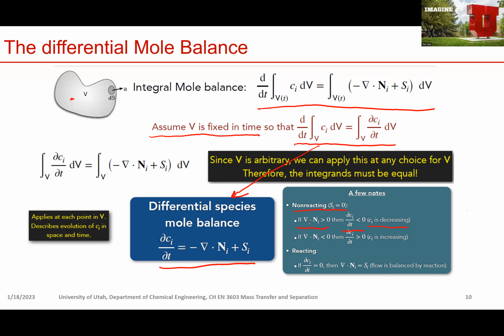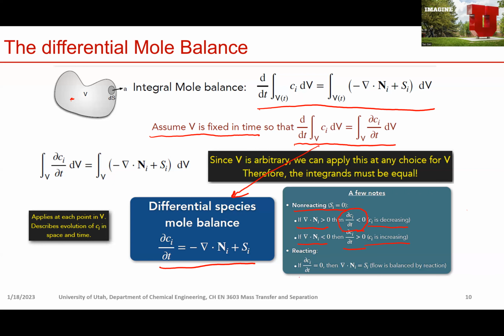So if the net outward flow is positive, species i are leaving that point, and you will have less concentration at that point. That's why the derivative of C_i is going to be negative, so it's decreasing. And similarly, if the divergence of N_i is negative, then this is positive, and C_i is increasing.